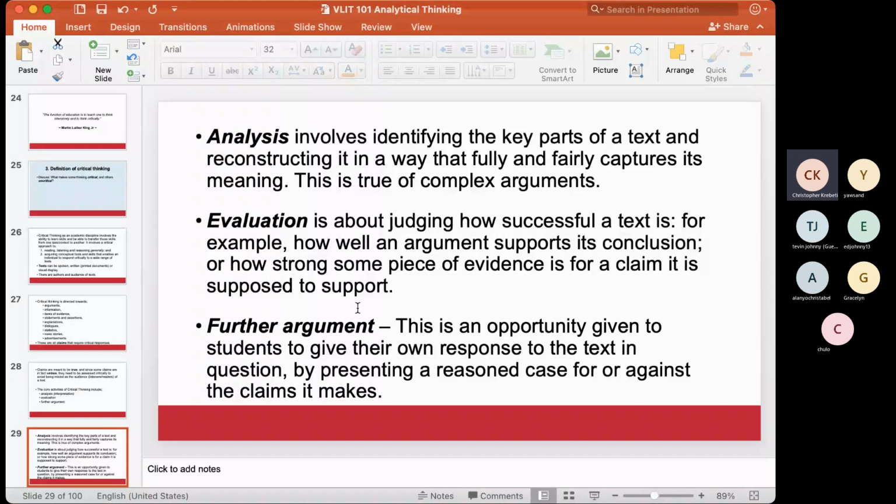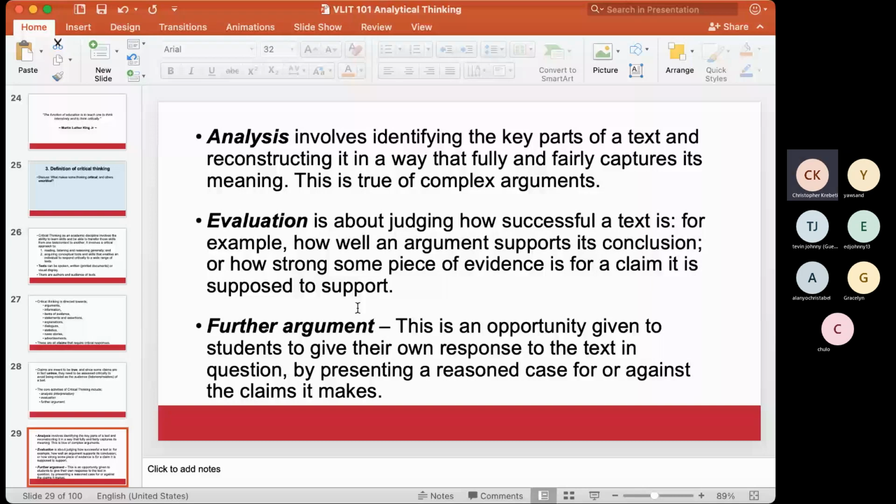For instance, you can come across an argument that seems to be an argument, but it is not an argument. You will need to analyze it closely before you can do that. So analysis says that you need to identify the key parts of the text. Where are the premises and so on? Where are the conclusions? Then you reconstruct it in a way that fully and fairly captures its meaning.